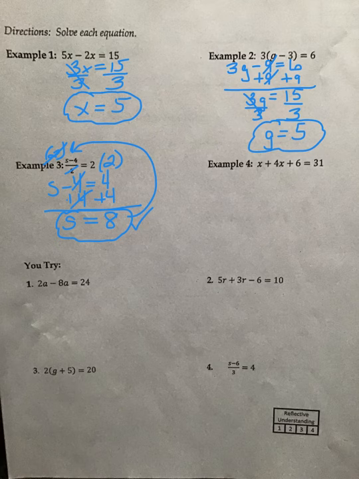Example 4, I notice that there's an x plus a 4x on the left side. So I'm going to add those together to give me 5x plus 6 equals 31. Then I'm going to subtract 6 from both sides of the equation.